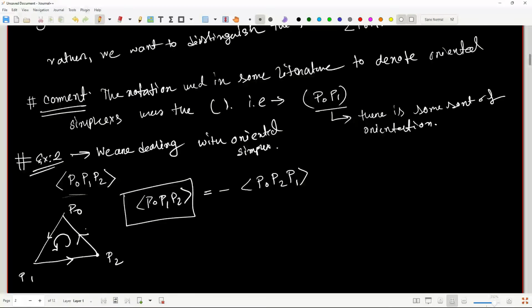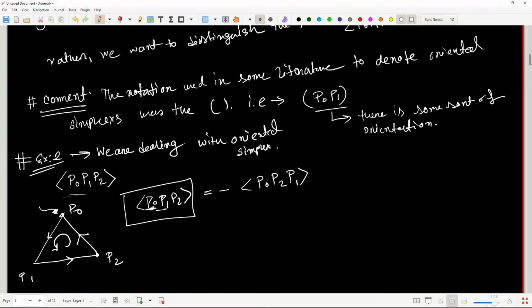Or similarly, you can think of it like this, that the first thing that comes here is P0. So if you start from here, P0, then you go to P1, and then you go to P2, and from P2 you can go back as well.